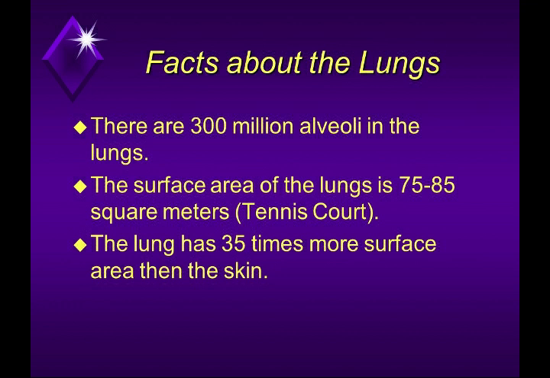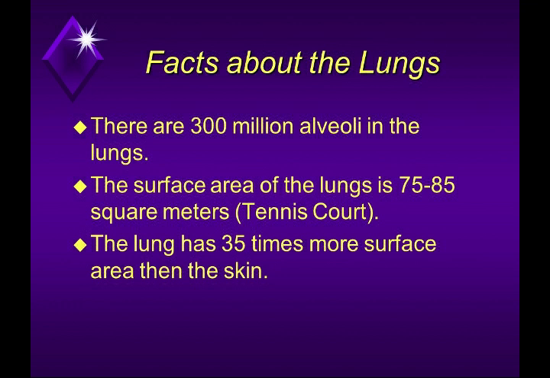Type 1, type 2. Roughly, and you'll find variants in different texts on this, but it's somewhere around 300 million alveoli. Okay. If you were to take all the alveoli and peel them apart and lay them flat, it'd be the size of about 75 to 85 square meters, the size of a tennis court.